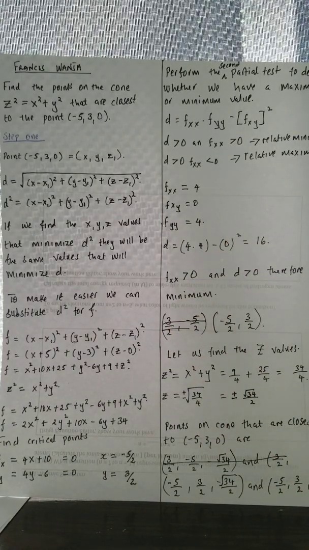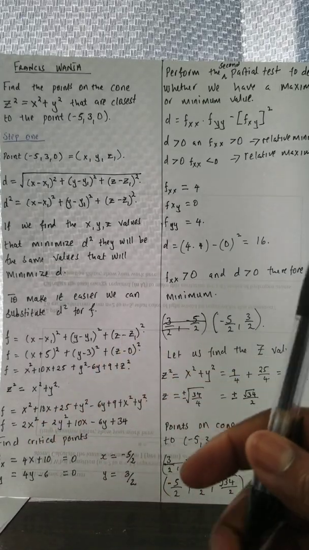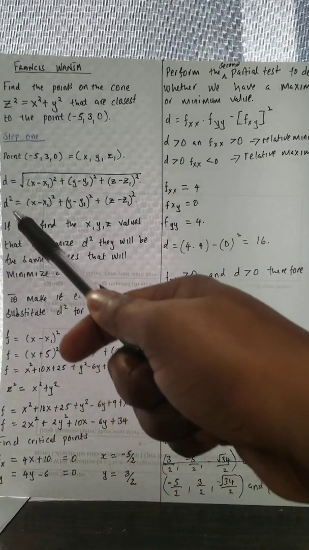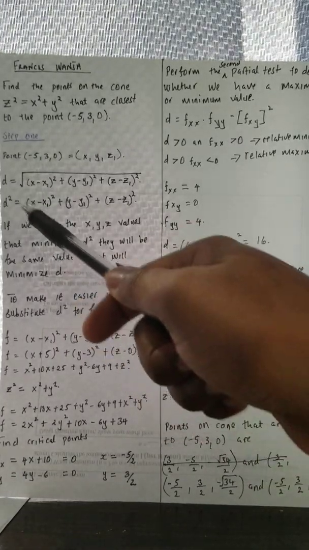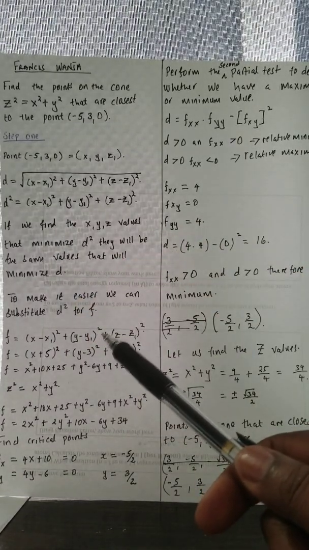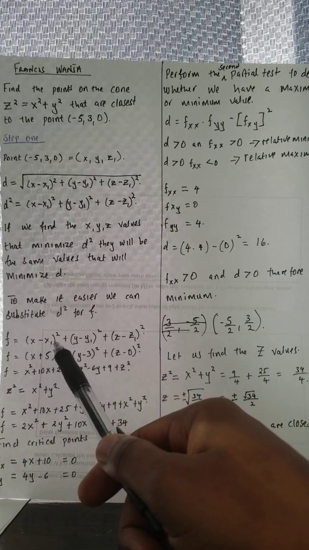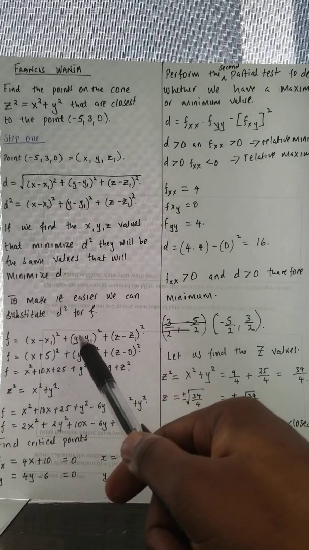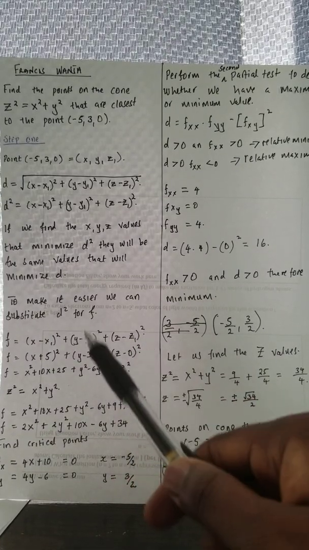Now if we find the x, y, z values that minimize d squared, these will be exactly the same values that minimize d. Then we change d squared to f to put it in a more familiar version. So f equals (x minus x1) squared plus (y minus y1) squared plus (z minus z1) squared.